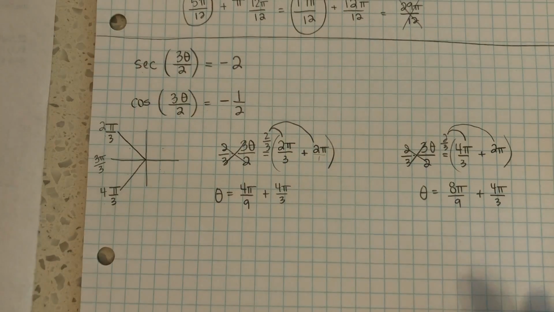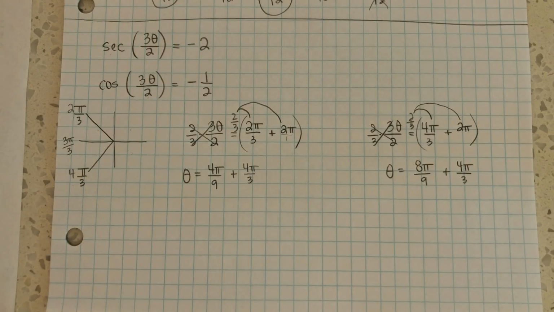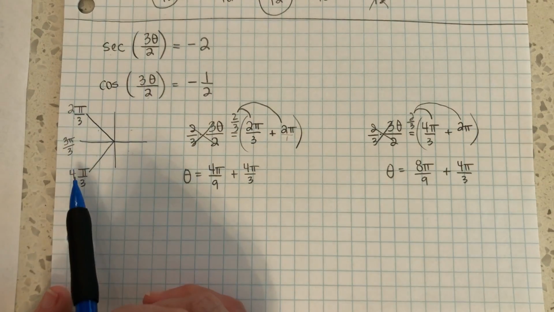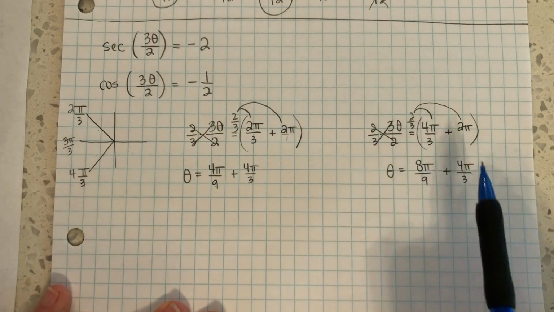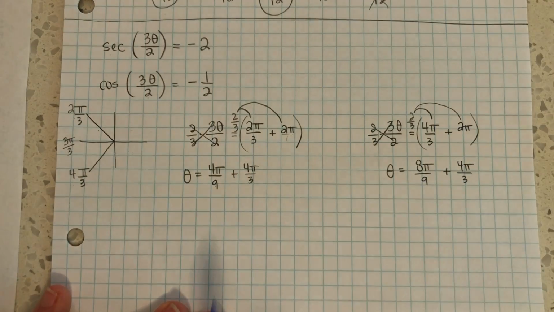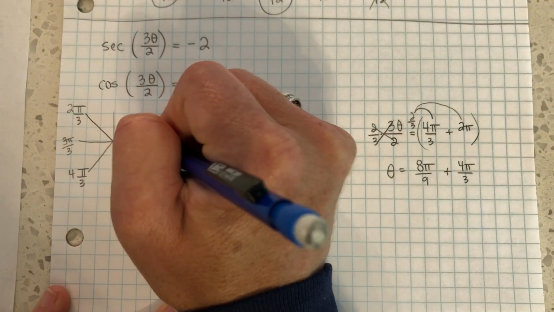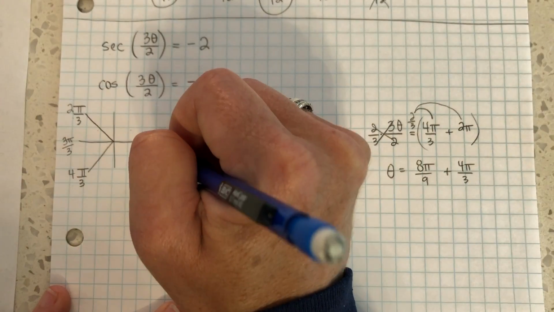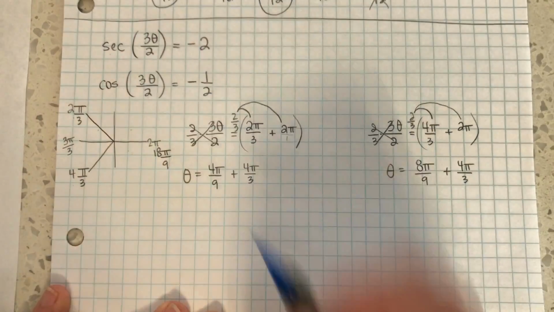Okay, so here we go. We have to find all the angles that make this true in between 0 and 2 pi. So if you notice, our fake answers were 2 pi over 3 and 4 pi over 3. My first real answer is 4 pi over 9, and my second real answer is 8 pi over 9. So we're working in the world of pi's over 9. If all the way around is 2 pi radians, then in the world of pi's over 9, that's 18 pi's over 9.